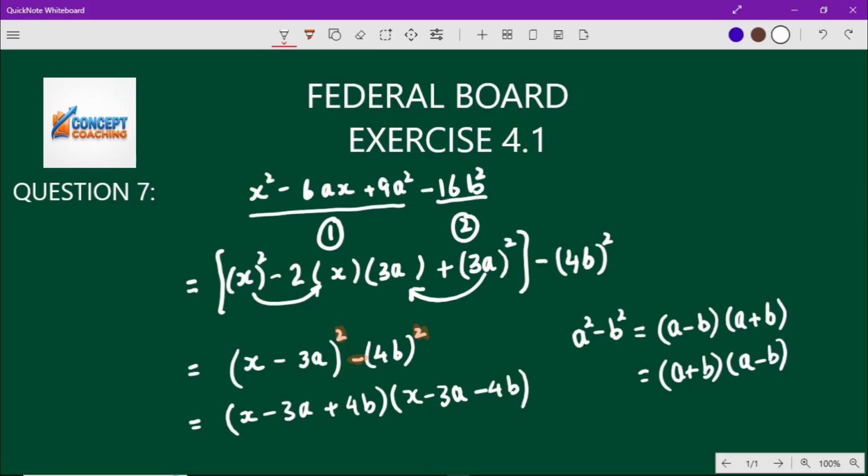So this is the final answer. Instead of a we have x minus 3a, and instead of b we have 4b. So we apply this formula, and this is the final answer of this question. So this is the answer.